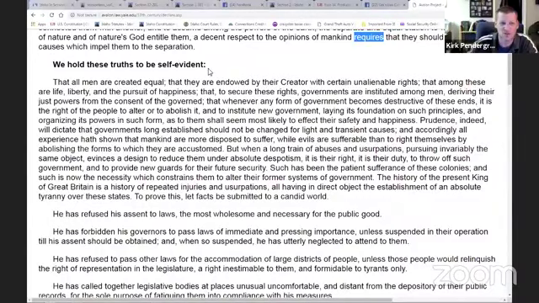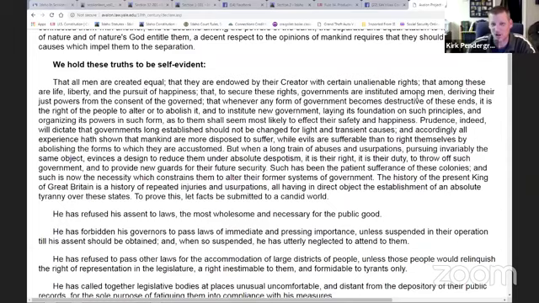"We hold these truths to be self-evident," right? Should be self-evident when you say this, "that all men are created equal, that they are endowed by their Creator with certain unalienable rights." Certain ones, that does not mean all of them.